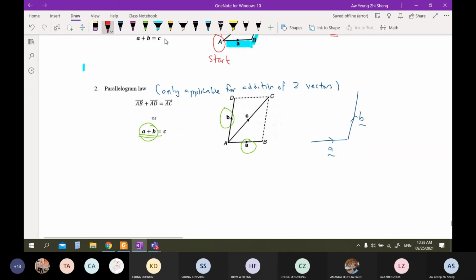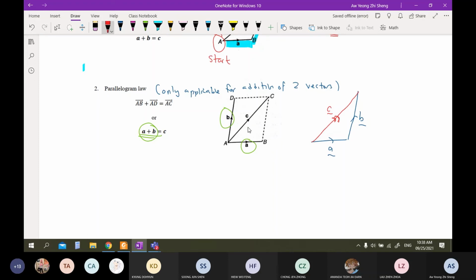Then you get the resultant as this slanted red one. This is the vector C, the resultant. If you compare the triangle that I drew with the parallelogram printed here, the vector C is the same.